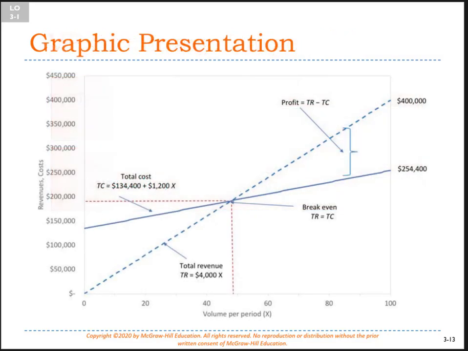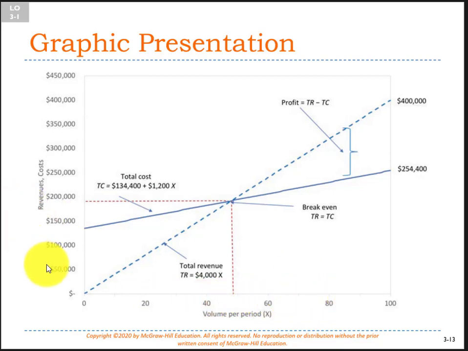Okay? Now, for those of us who like to picture this in a graph, this dashed blue line is total revenue, right? This is your volume, how many trips you go on.